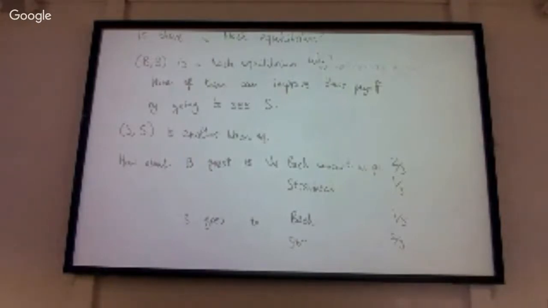Right, if we want to show that this is a Nash equilibrium, we have to prove that none of the players can improve their expected payoff if the other players stick with their strategies, with their probabilities.